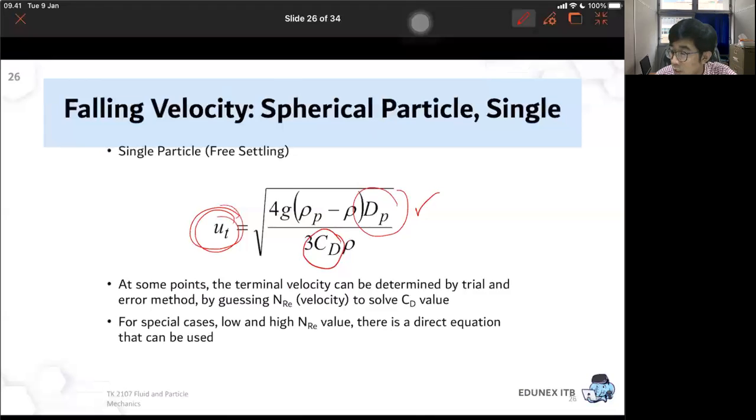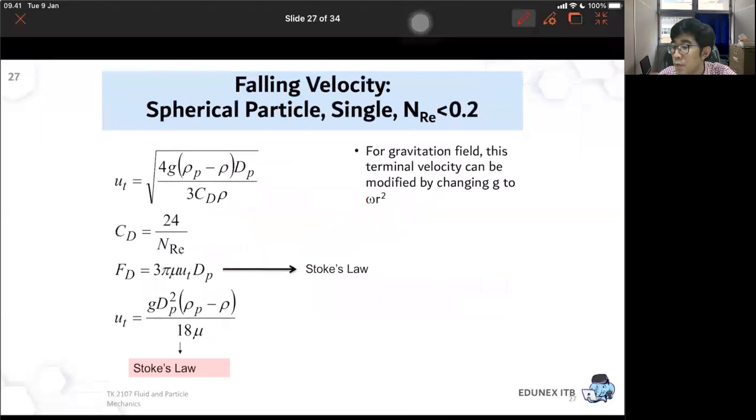But for special case, first, when the Reynolds number is very low, the drag coefficient is a function of Reynolds number, 24 divided by Reynolds number, and then the drag force you can directly calculate.